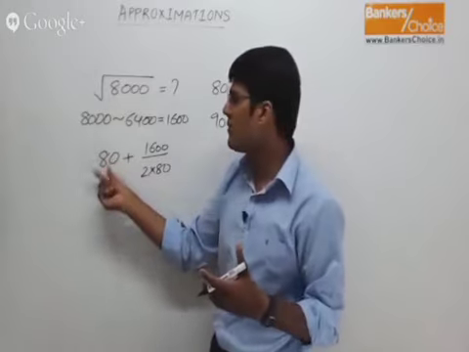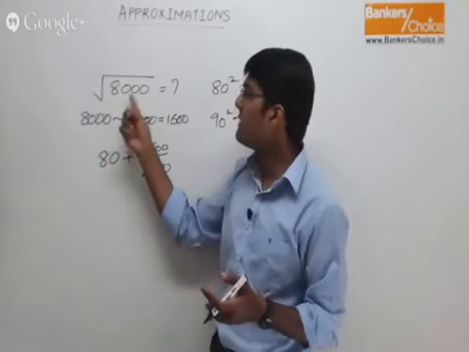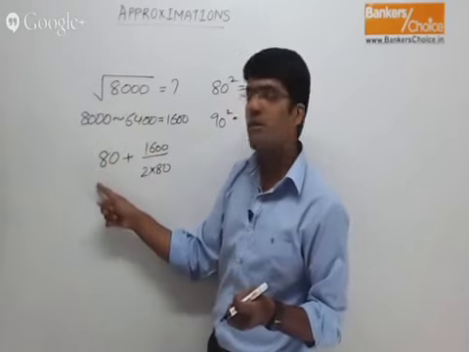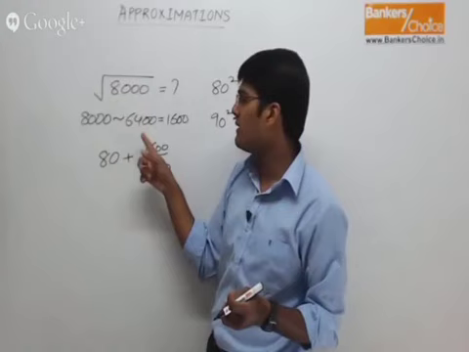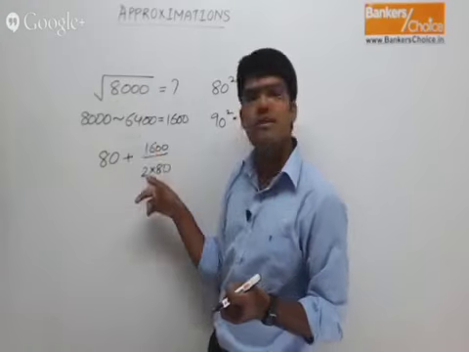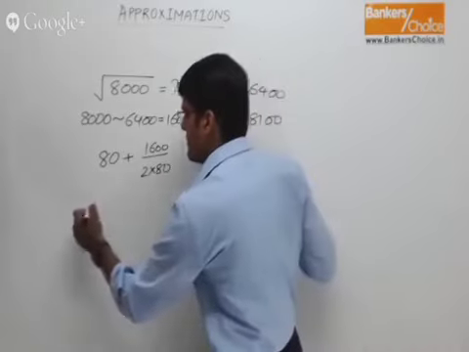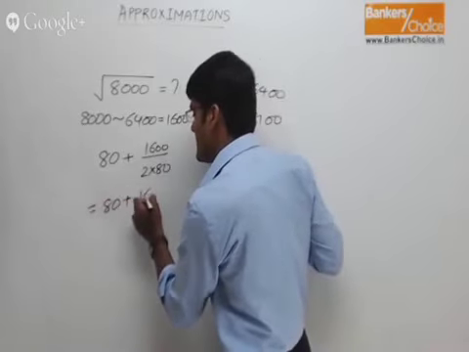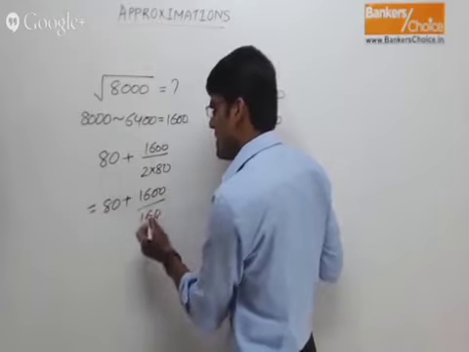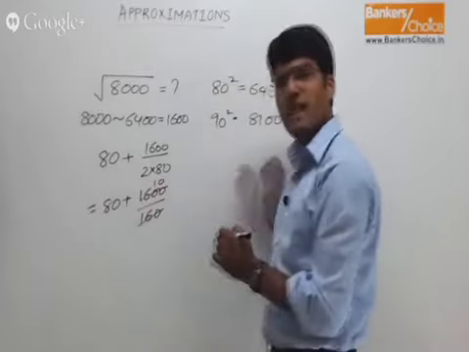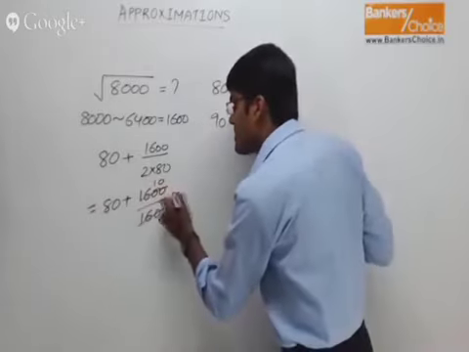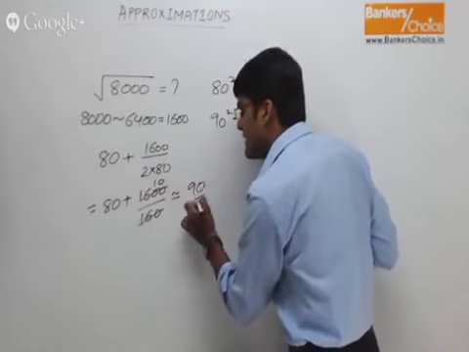So 80 squared is 6400. So 80 plus the difference of the given number with the square of the value you have taken, which is 1600, divided by 2 times this value. Now, 1600 divided by 2 into 80. This will be equal to 80 plus 1600 by 160. How much is this? 10. So I can say the approximate square root is 80 plus 10, 90.